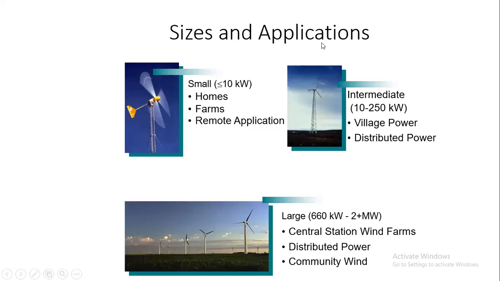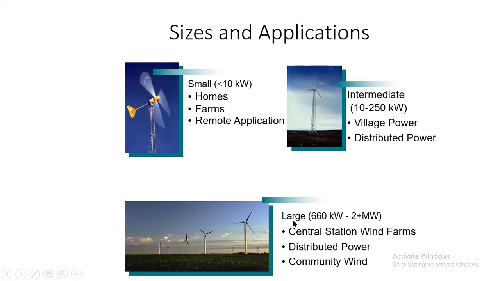Now, size and applications of wind turbines. We all know that the small category of wind turbine, less than 10 megawatt, is used for homes, farms, and remote applications. The intermediate category of wind turbine produces 10 to 250 kilowatt of energy and is installed for village power and distributed power.